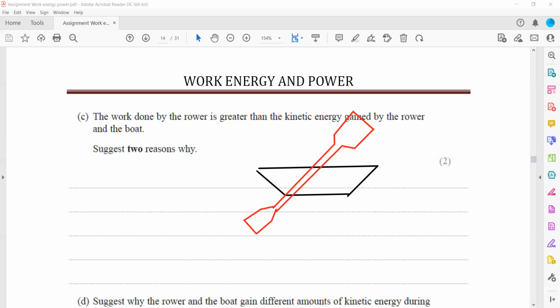And another thing, when he's stroking, some of the energy is transferred to the water as kinetic energy of the water. Water will also start to move as he strokes.